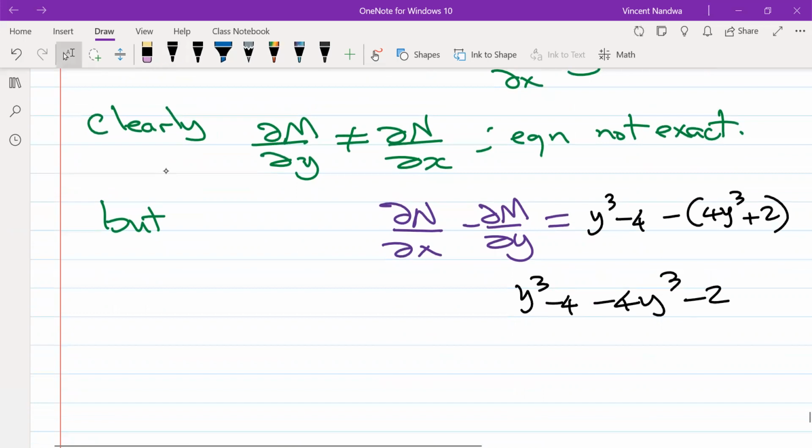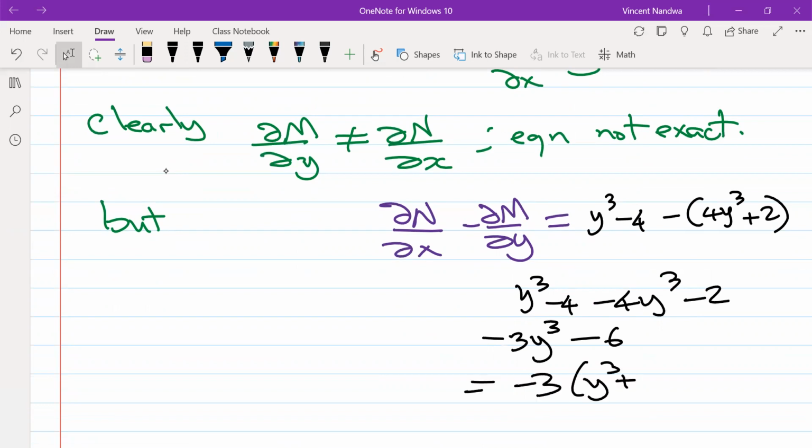So you get minus 3y cubed minus 6. Factoring out minus 3, you get y cubed plus 2.